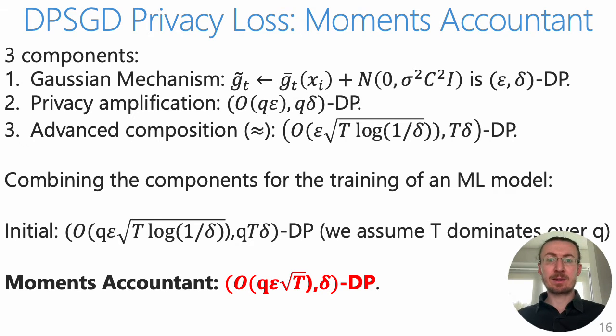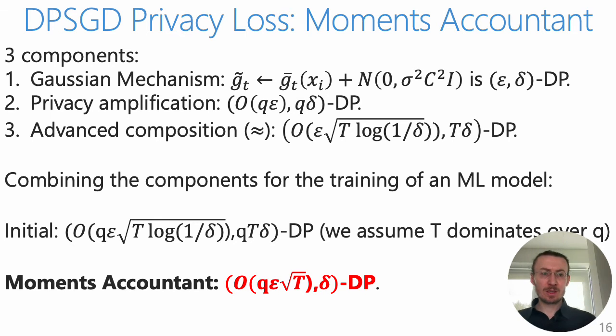The second aspect is the privacy amplification by subsampling, where for a given iteration we do not use the whole training set, but we Poisson subsample from the training data to create a lot, some subset of the training data. And finally, we use the advanced composition to add up the privacy budget epsilon incurred in every iteration.